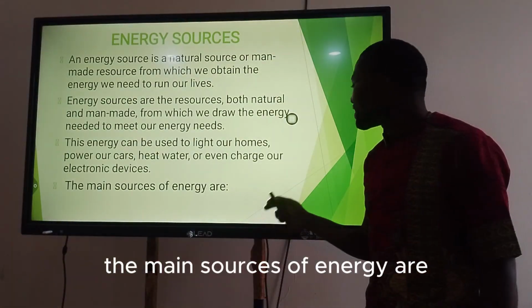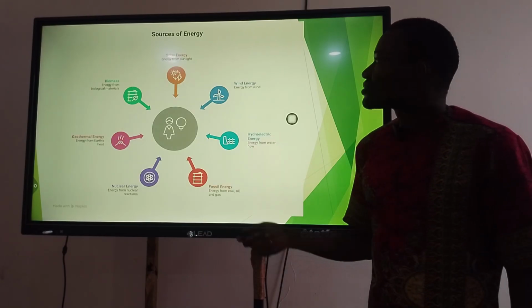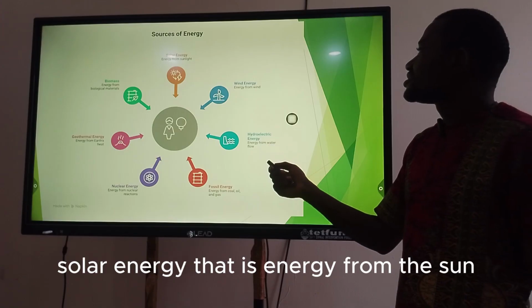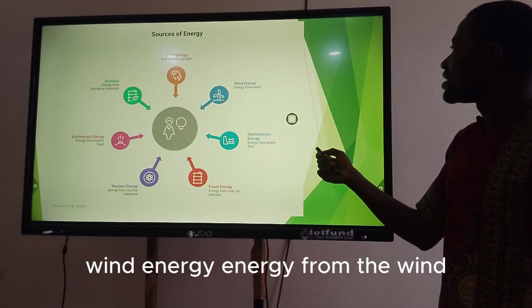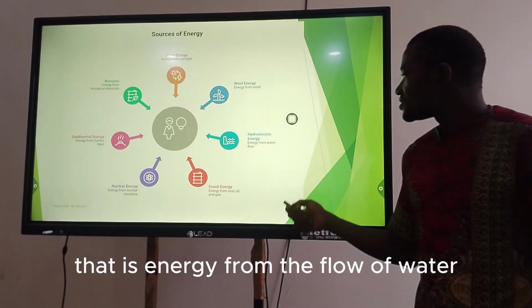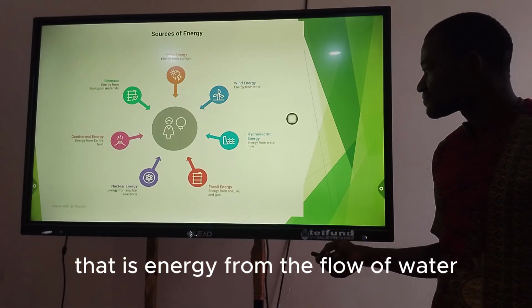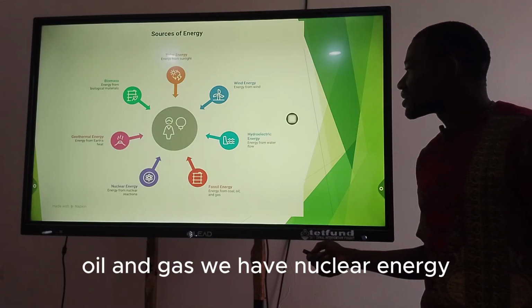The main sources of energy are solar energy, that is energy from the sun, wind energy, energy from the wind, hydroelectric energy, that is energy from the flow of water, fossil energy, energy from coal, oil, and gas.